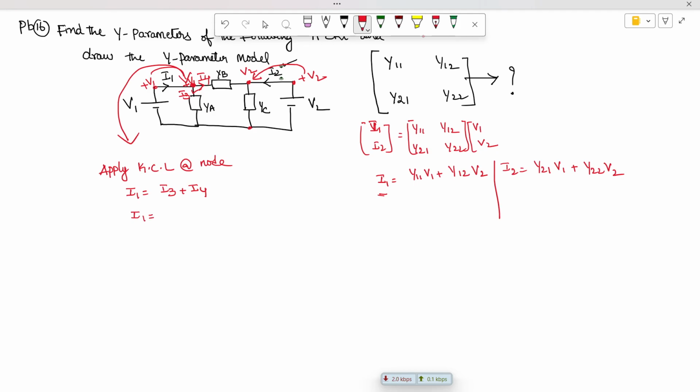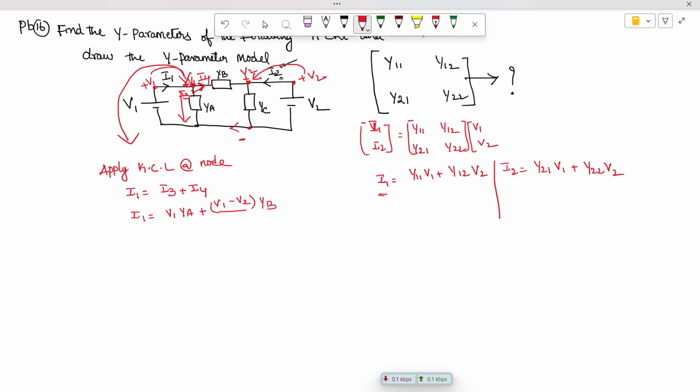How to write I3? Current is V into Y, so the voltage at the node is V1 and the admittance is YA. Plus I4: current flows from high potential V1 to low potential V2, so it is (V1 minus V2) into YB. That is one equation.